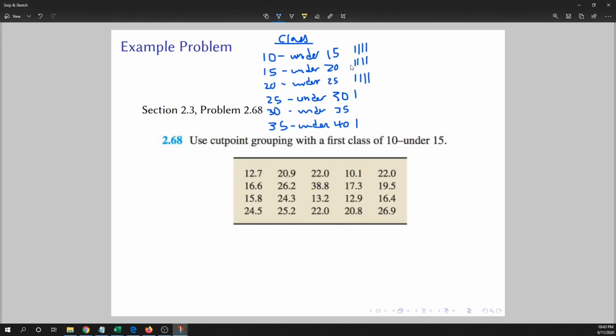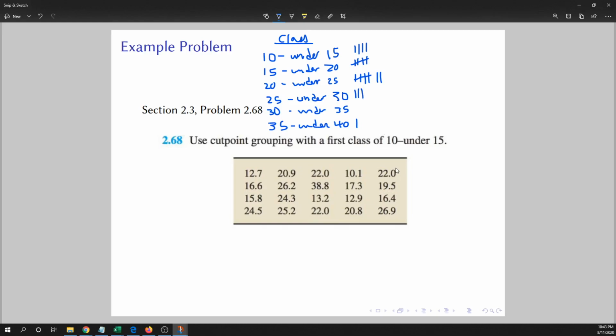16.4 in this class. 24.5. 25.2 would be here. 22 would be here. 20.8 here. And 26.9 right here. Okay.